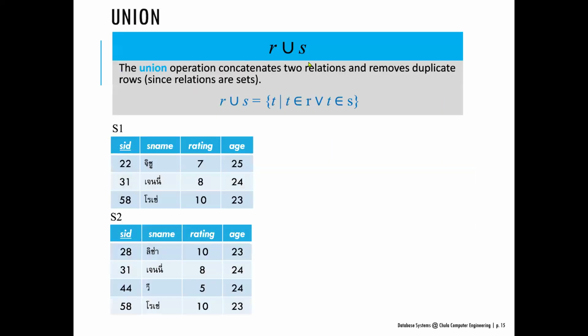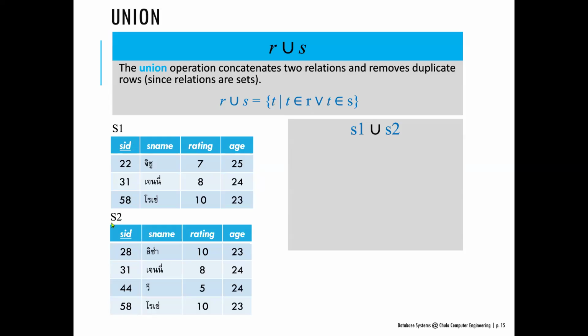Okay. Let's say that I want to union R and S, right? If I write it out in calculus, I show it here, R union S here. You have T that is a member of R or T a member of S, right? Now, S1 and S2 here, if I union them, you can take a look at these 4 attributes in S1 and 4 attributes in S2, right?